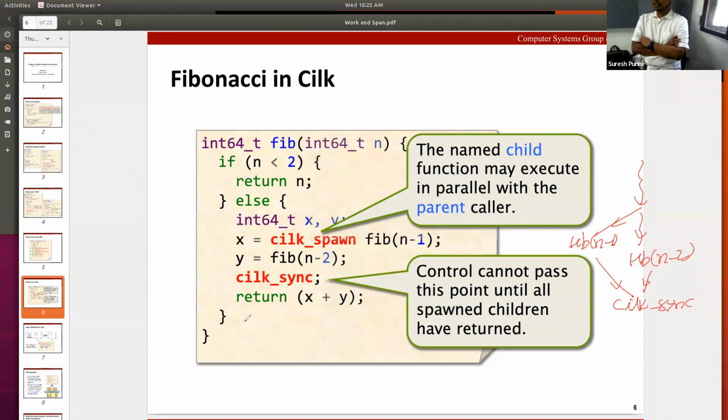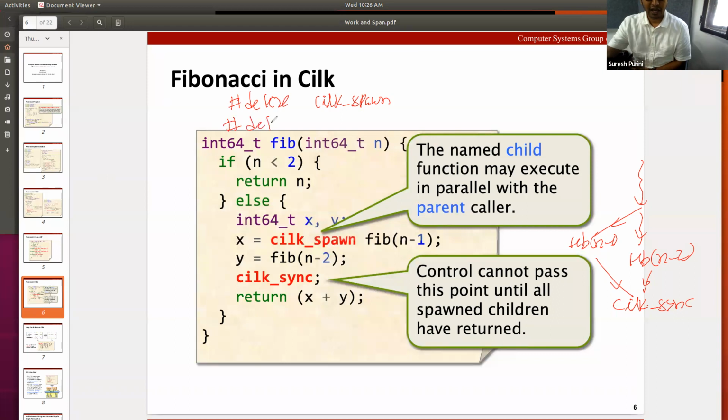One interesting thing here is that the amount of code changes you have to make to your program in order to use this Cilk parallel computation framework is very small. In fact, you can write serial code, and you say #define cilk_spawn with nothing here.